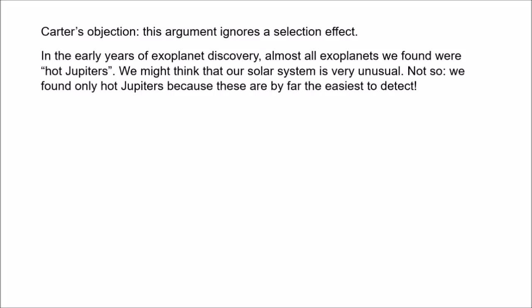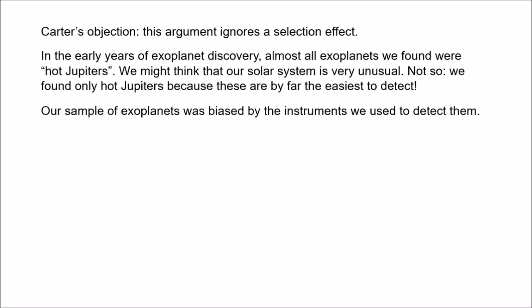So we've only detected hot Jupiters, not because they were the most common type of planet, but because they were the only ones we could detect. So this is a selection effect, selection bias. The sample of exoplanets that we have is biased by the instruments used to detect them. The instruments sample only a particular subset of the whole set of exoplanets. It's kind of like a sieve where only the hot Jupiters get through.